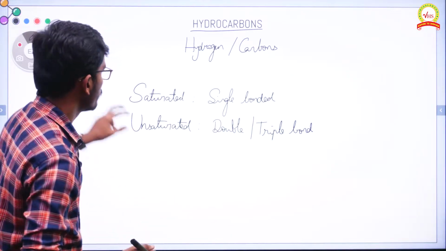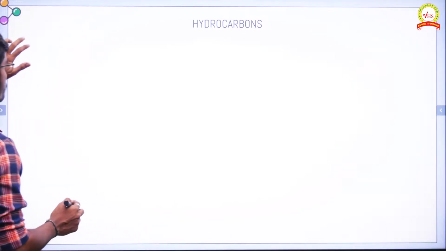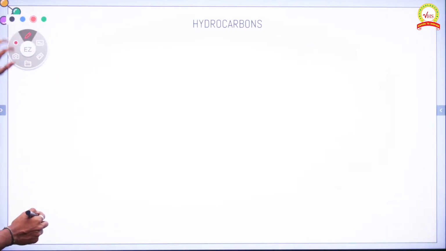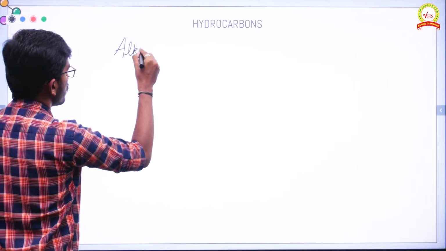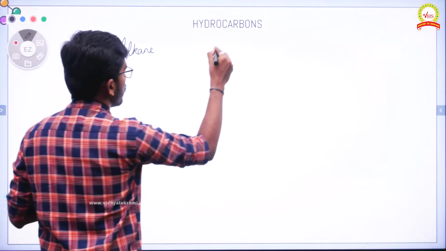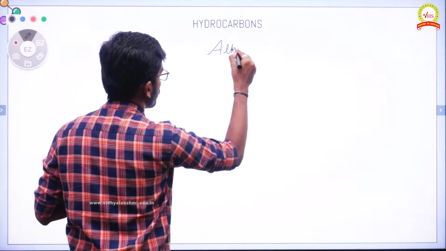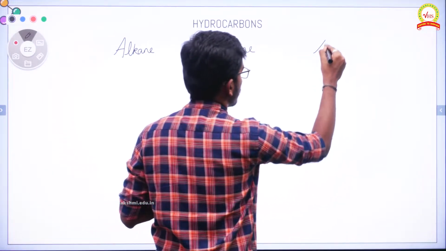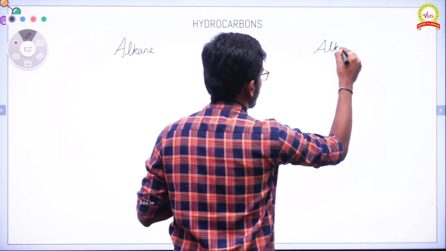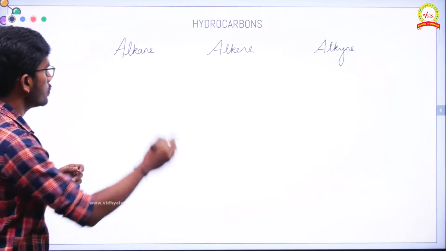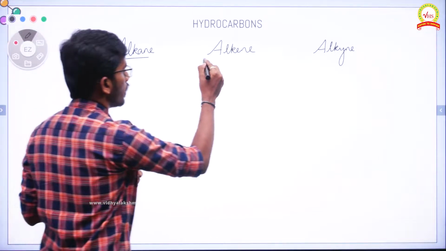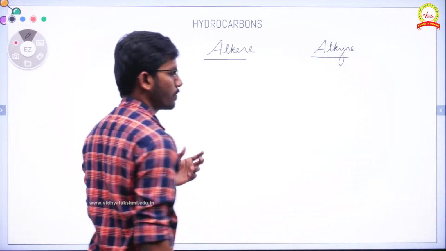Okay, so they have been classified as alkane, alkene and alkyne. These terms would be new to you. So what do alkane, alkene and alkyne represent?